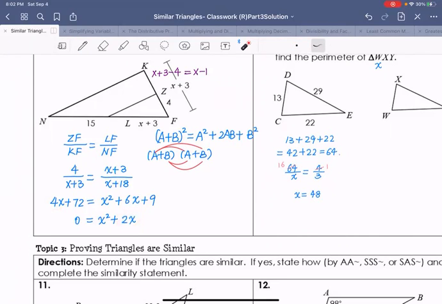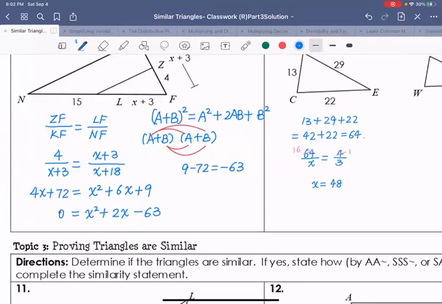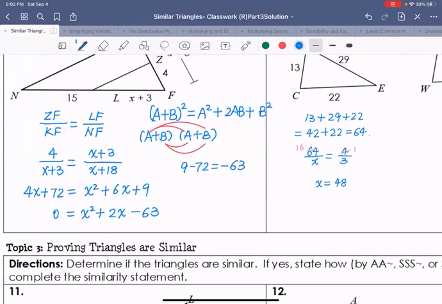Yeah. And minus 72. 9 minus 72 is negative 63. Yeah. Okay. Oh, I see. You haven't learned algebra 1 yet. You haven't finished learning algebra 1.